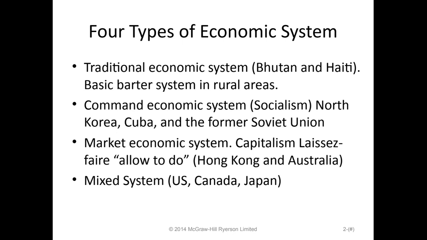Then the other system is the command economic system. This is what we call socialism. By command economic system, I mean government will control everything. So there's no private entity, no private production. Government will decide how many consumer goods will be produced, and everything will be decided by the government.